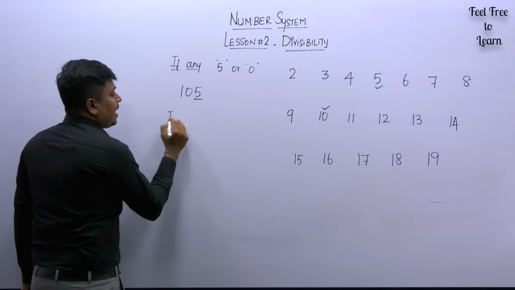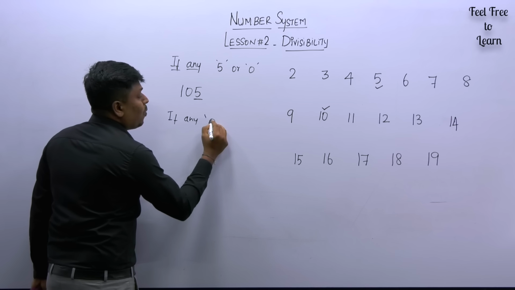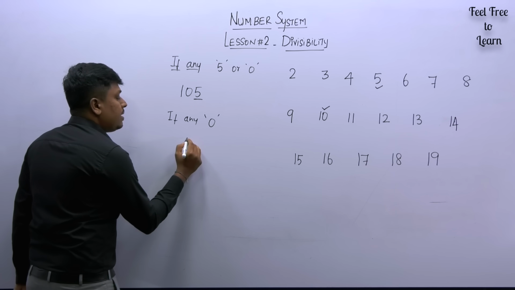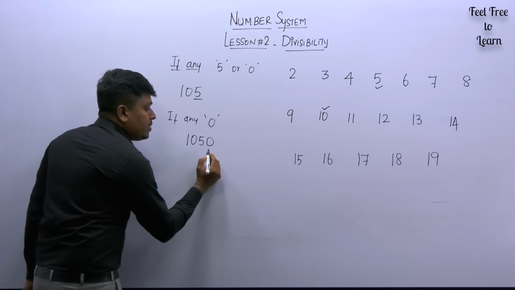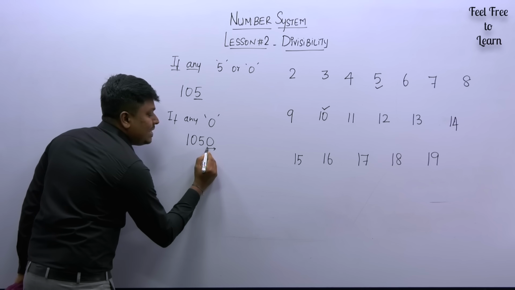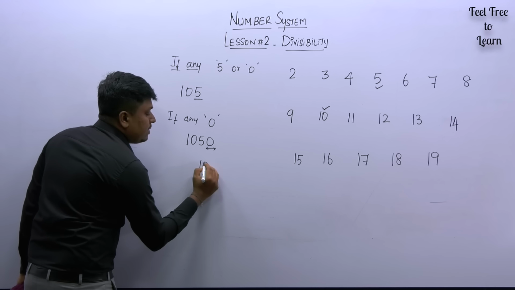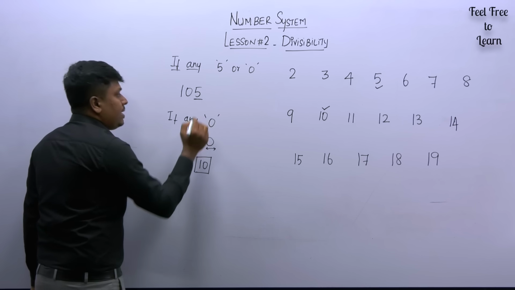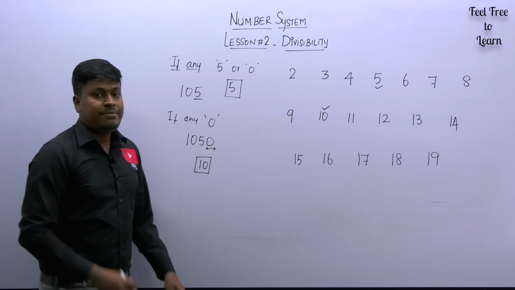Similarly, if the last digit of a given number is only 0, for example 1050, here you can see the last digit is 0, then definitely you can say that this number will be divisible by 10. Easy, right? This is the divisibility rule of 5 and 10.